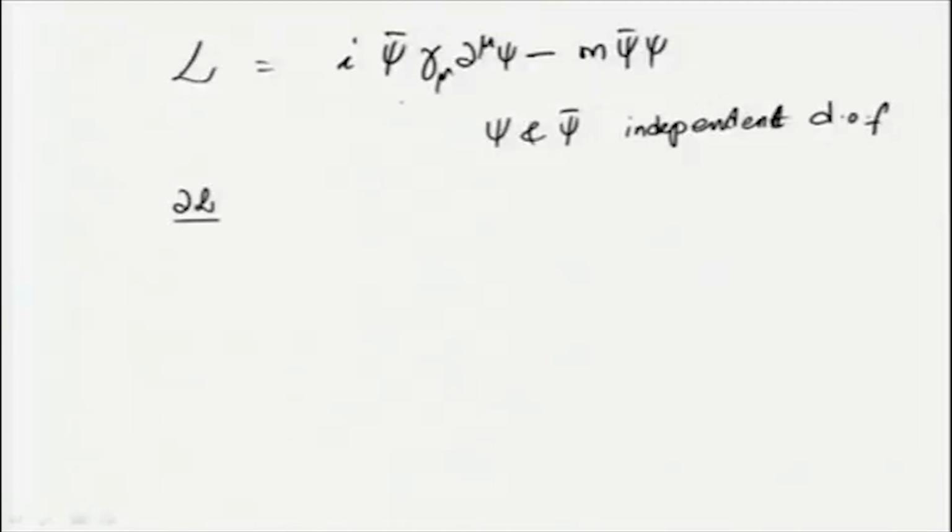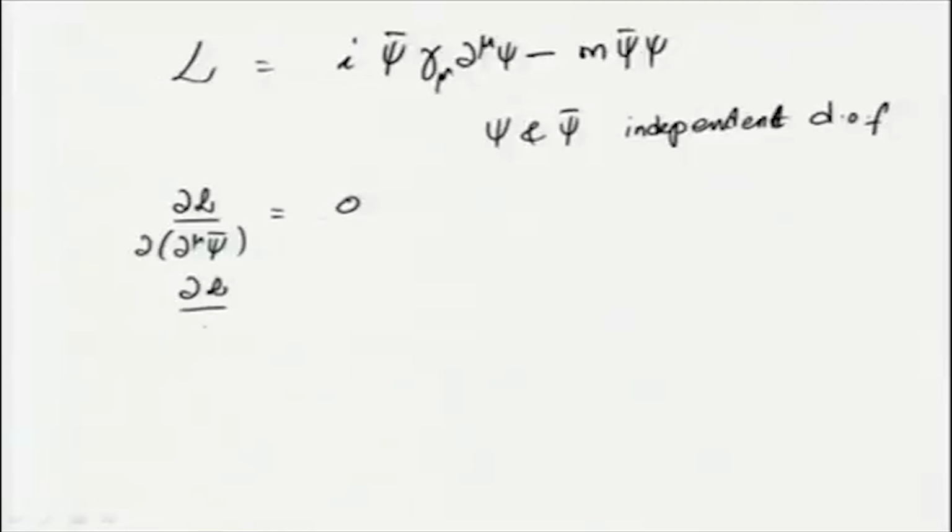So, with respect to each of these we have to consider the equation of motion. When we consider it with respect to psi bar, we have no derivative term for psi bar. So, this is equal to 0.